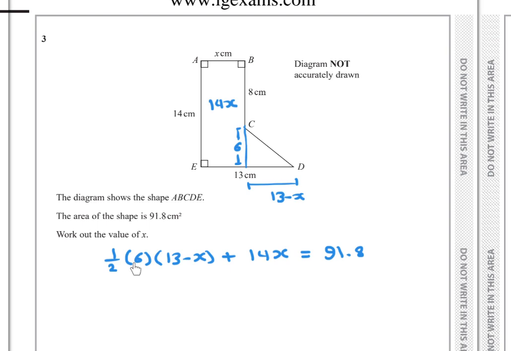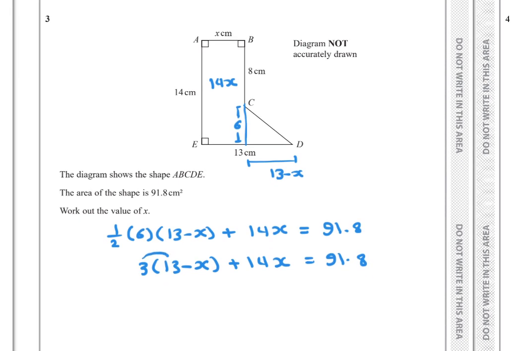Half multiplied by 6 equals 3. So 3 times 13 minus x plus 14x equals 91.8. 3 multiplied by 13 is 39. 3 times negative x is negative 3x, plus 14x equals 91.8.